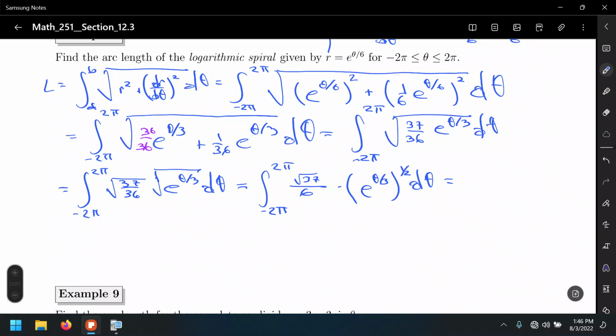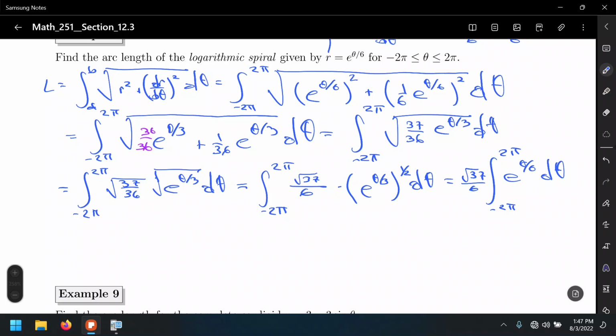Let's take the constants outside: square root of 37 over 6, integral from negative 2 pi to 2 pi. Power of another power, multiply the powers. This will be e to the theta over 6 with respect to theta.